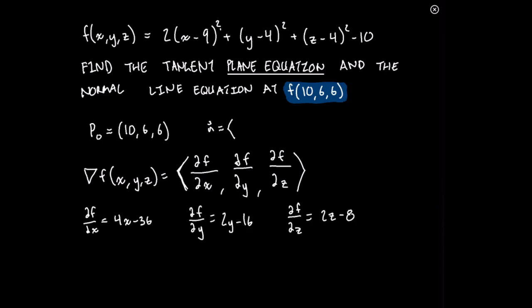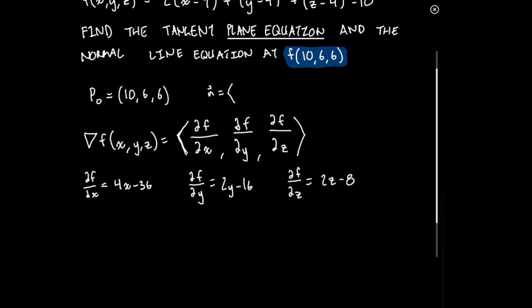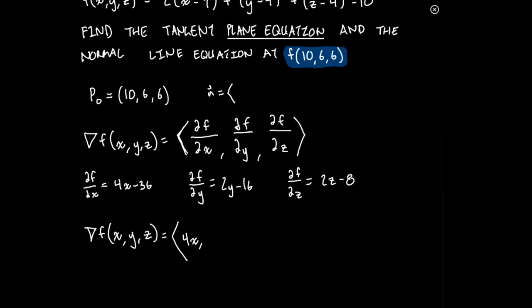Now we can throw all of these back in our vector and we can say that the gradient function is equal to 4x minus 36, 2y minus 16, and 2z minus 8.